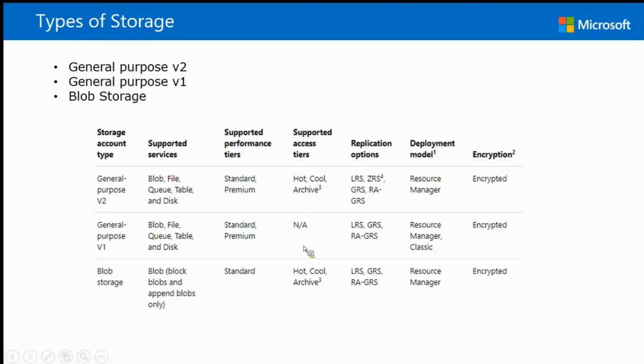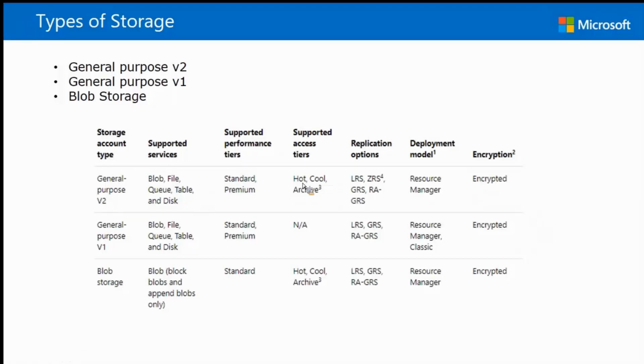There is no option for that in the general purpose V1, but in the version 2, you have an option to pick from hot, cool, or archive, and this means for which purpose you are planning to use this storage account. This will affect the price that you are paying, because when you pick hot, you are telling Azure that the information you host in that specific storage account will be accessed frequently.